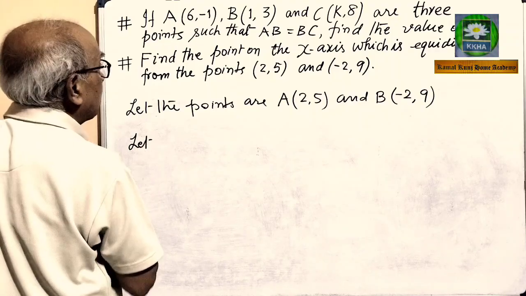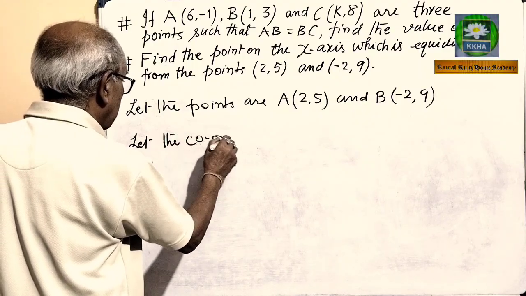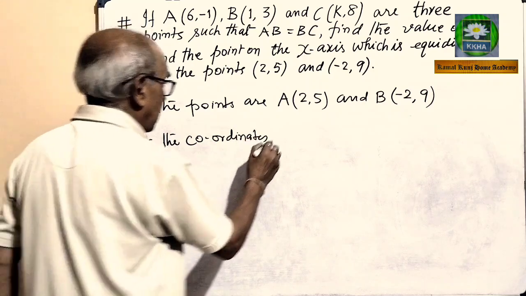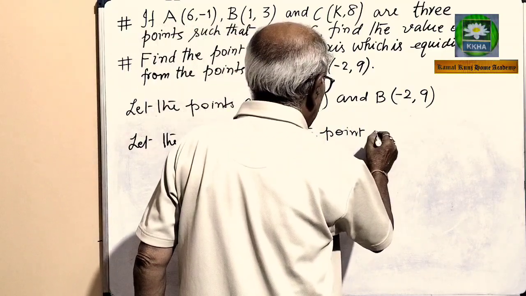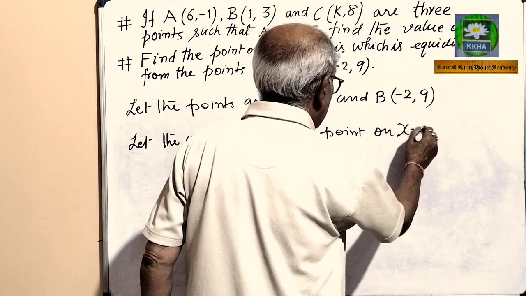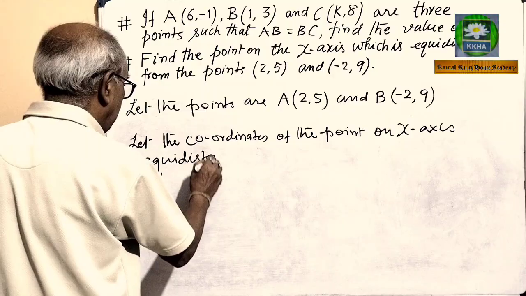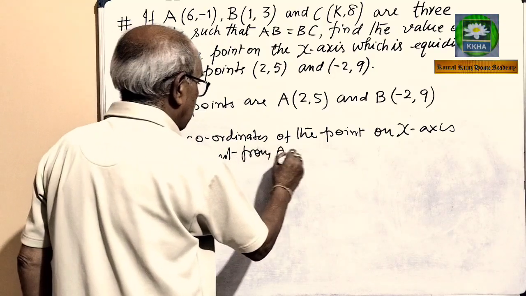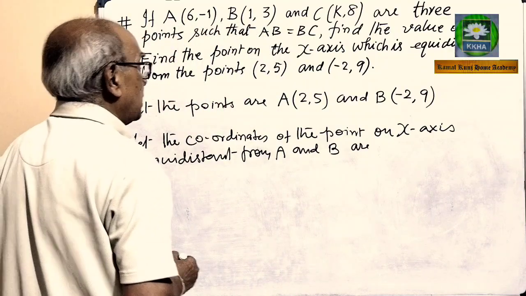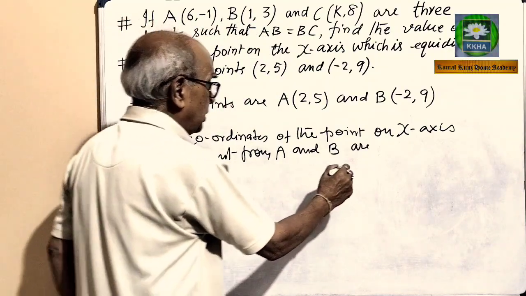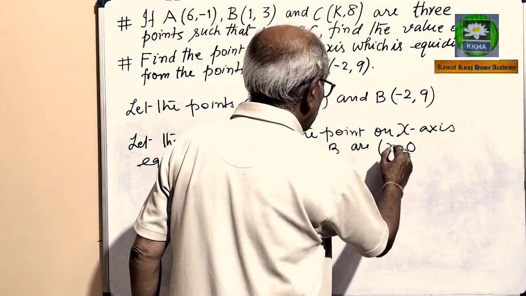Now let the coordinates of the point on the x-axis equidistant from A and B be C. Since the point is on the x-axis, y will be 0 and the value of x will be x.